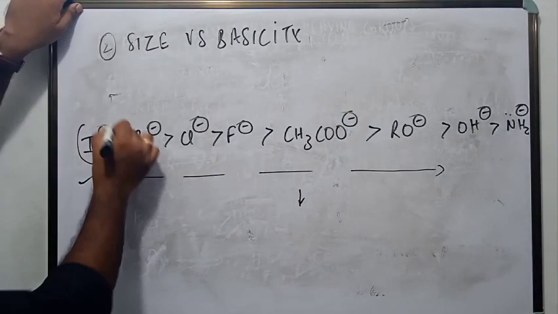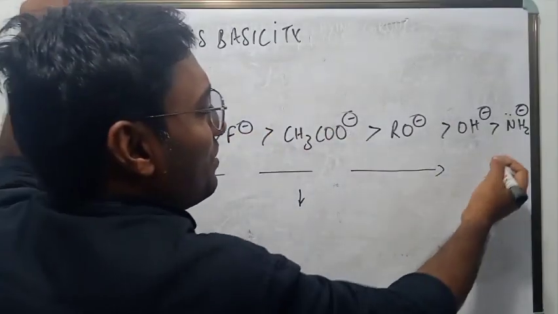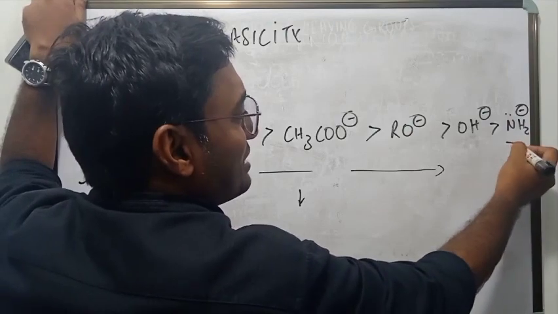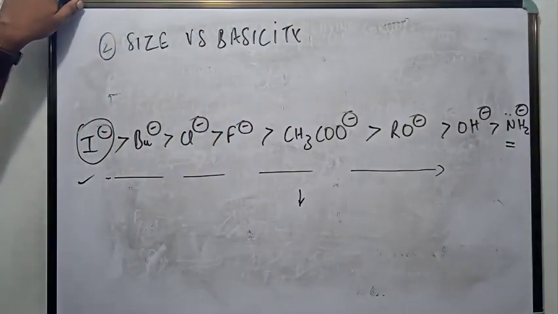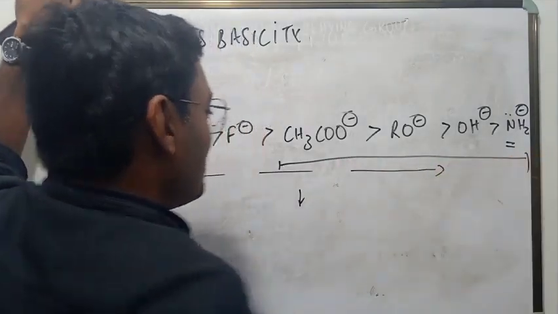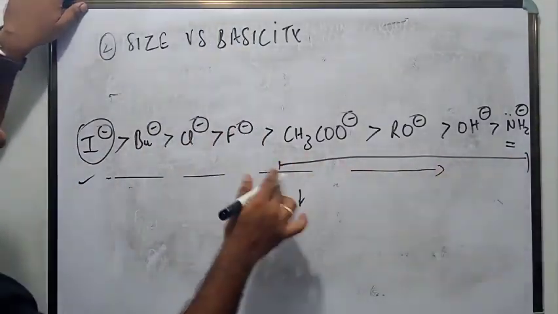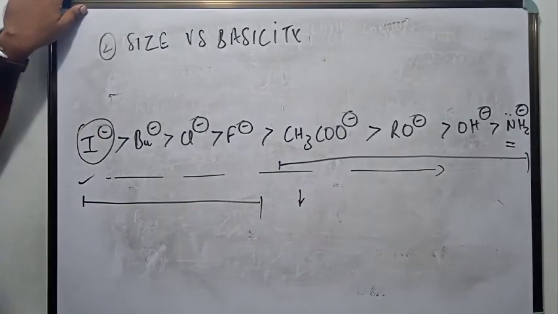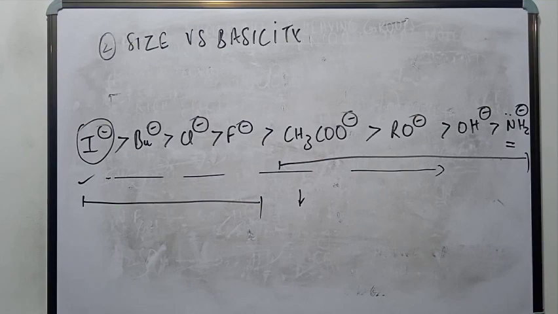The poorest leaving group, which does not leave so easily, is NH2 minus. From acetate ion onward you can start poor leaving groups, and from I minus to F minus they are good leaving groups.